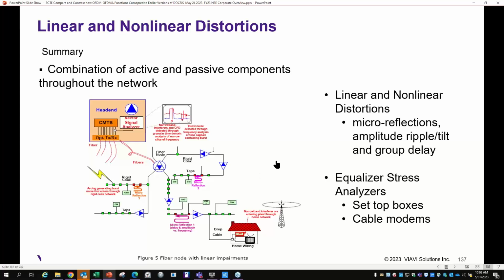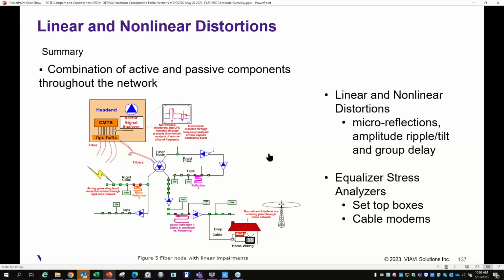And this is really what has helped PNM group together the number of modems that are having linear distortions from an upstream perspective. Any modems that are going through that particular group are being grouped together based on distance, time, etc., because of the micro reflections, right? So this is what's going on with PNM.